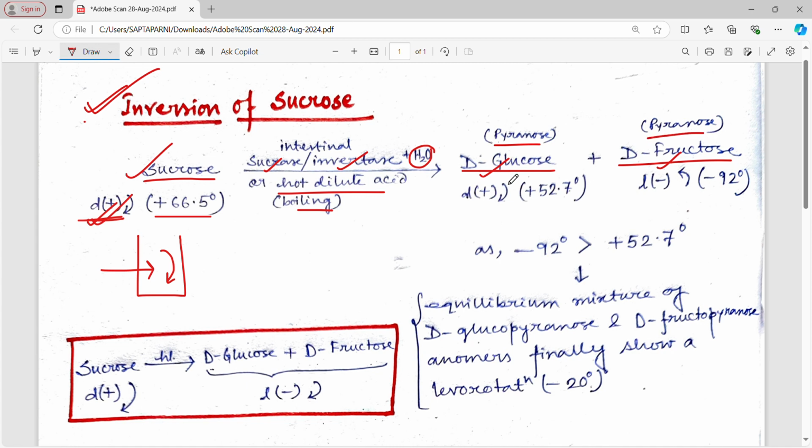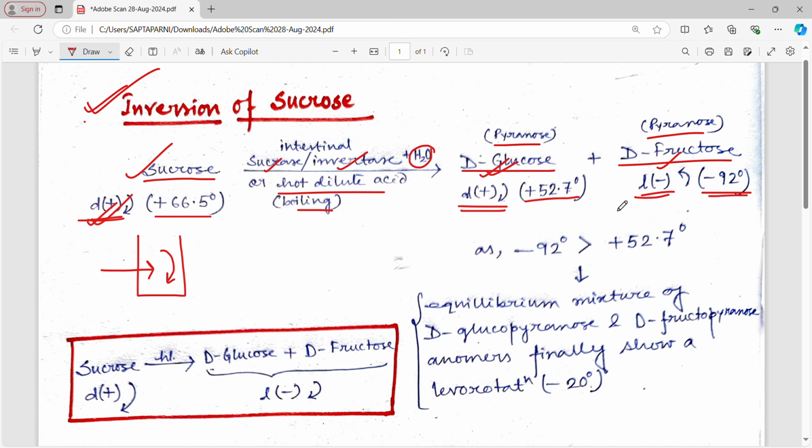Now see that D-glucose or D-glucopyranose is a dextrorotatory sugar, showing plus 52.7 degree dextrorotation, whereas D-fructose is levorotatory, showing minus 92 degree specific rotation.